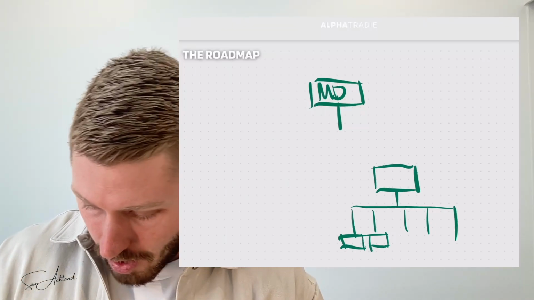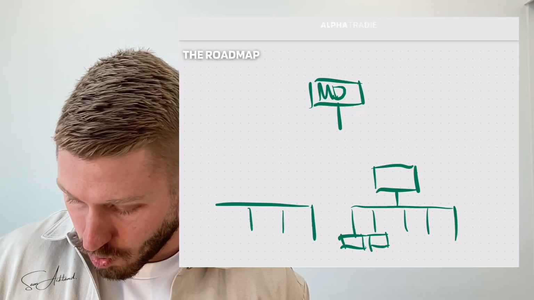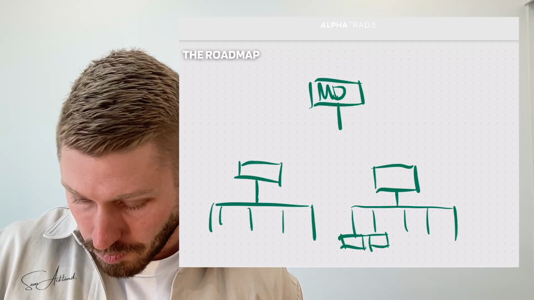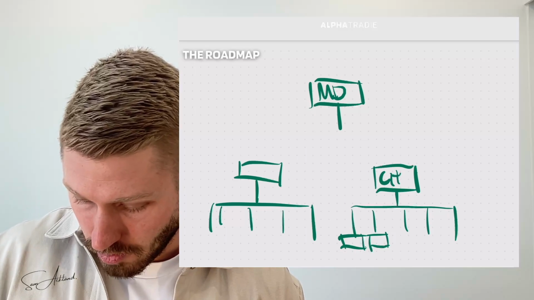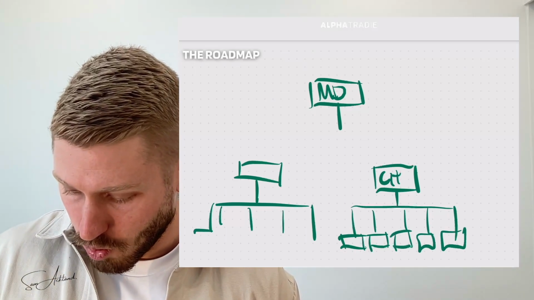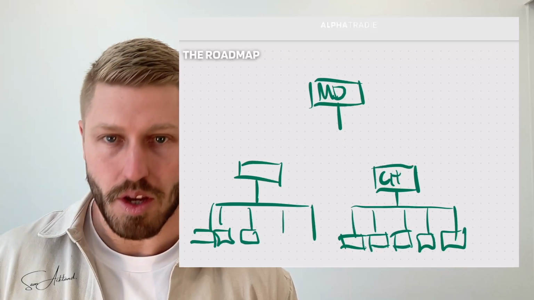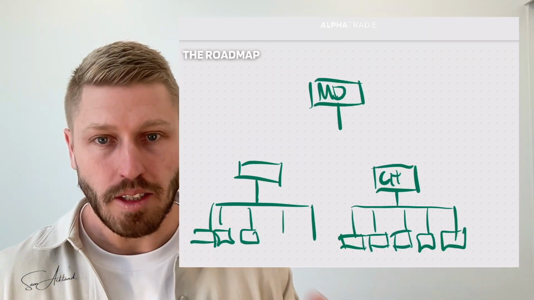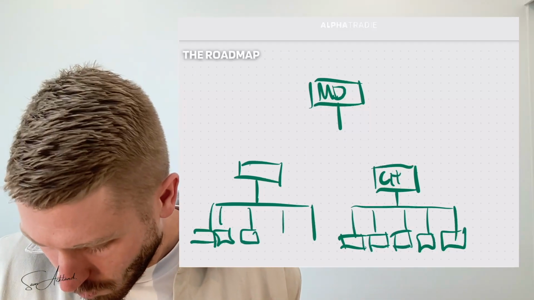Now, you can have 1, 2, or multiples of this framework. These are our leading hands, and we've got our technicians down here. You can have multiple of these groups, whether you've got 1, 2, 3 units or crews.